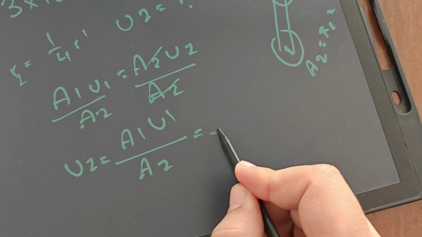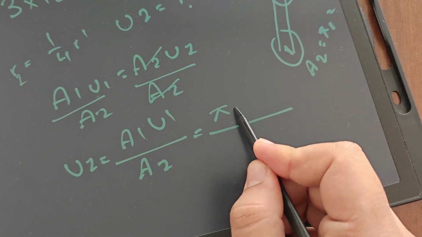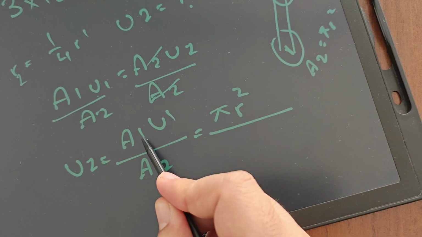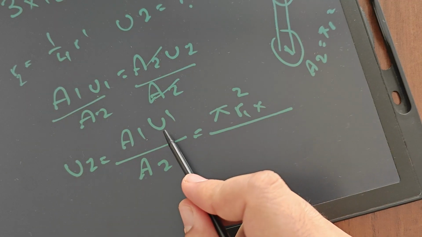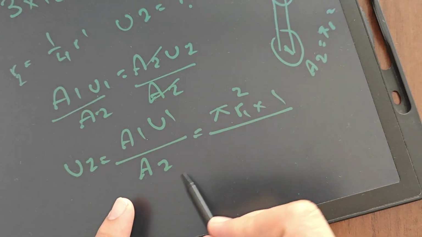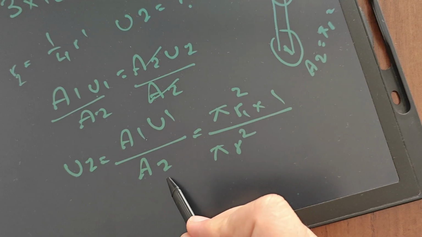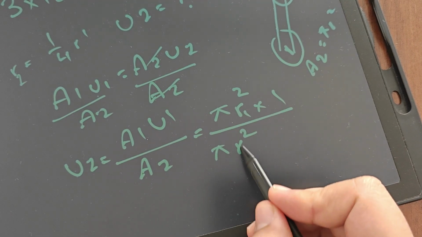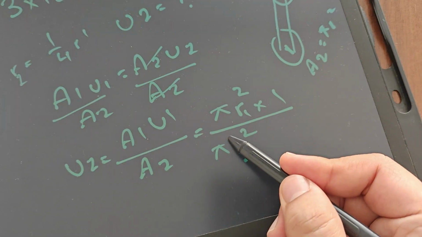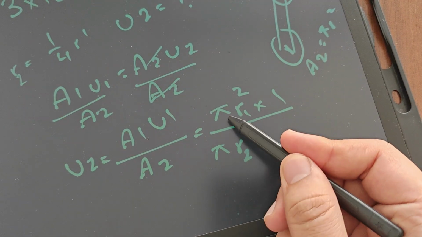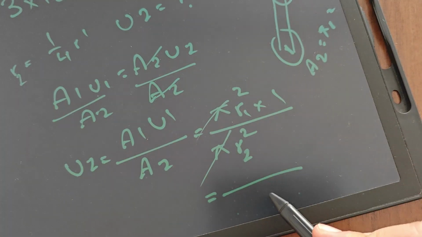So area number 1 is pi R1 square times the first velocity, which is 1. Area number 2 is again pi r square, but with radius number 2. Because pi is a constant, both are cancelled, so only R1 is left.